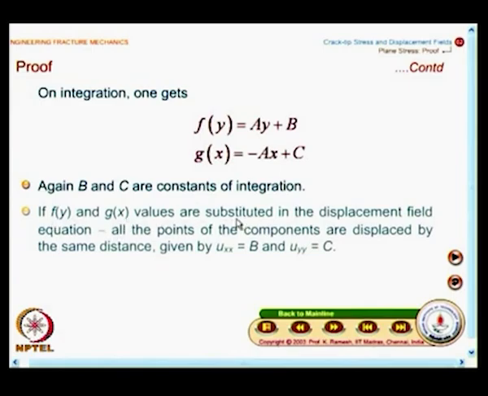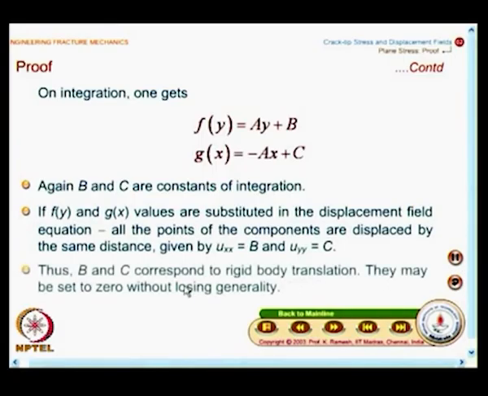When I substitute in the expression for u and v, or u x and u y, whichever way you look at it, I would like you to do that as an exercise in your rooms. I get u x as a constant b and u y as another constant c. And our solution will not be affected if I take, without losing generality, these to be set to 0.